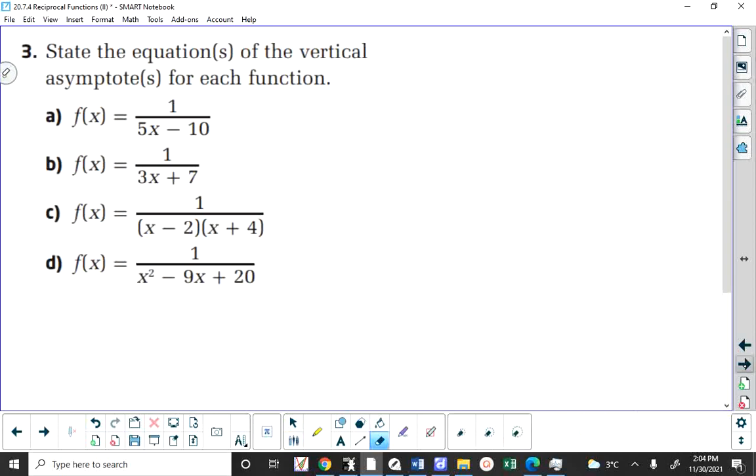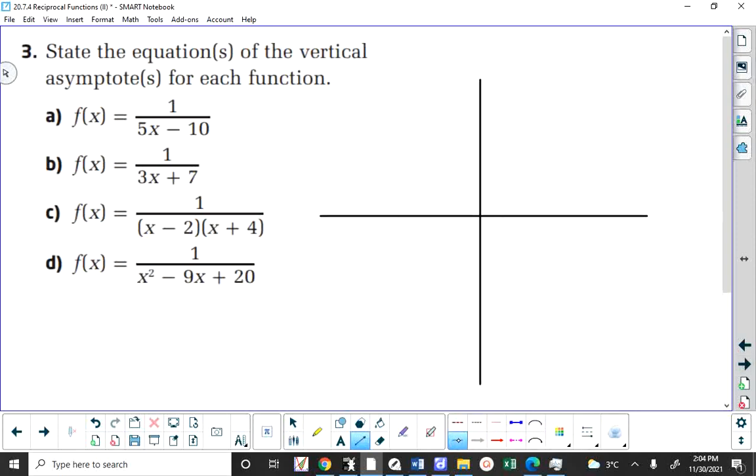Unfortunately, it says f of x, and you might be more at ease if you change that to g of x, where the original function was 5x minus 10. But the bottom line is, if I ask you to sketch that function, you start off by sketching instead y equals 5x minus 10.